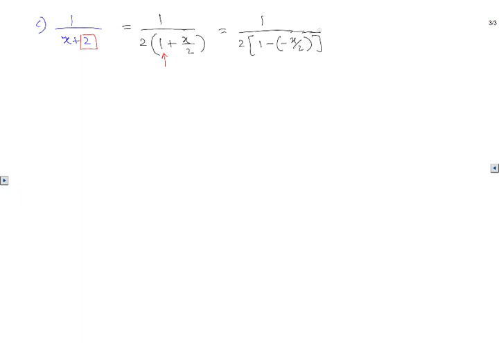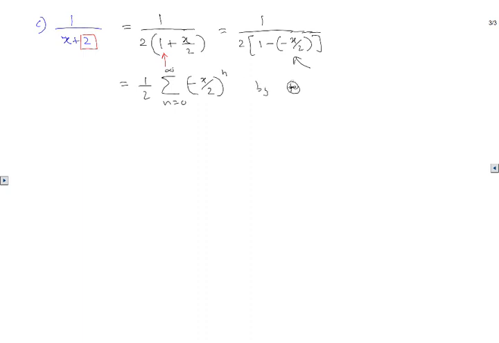After that, we can just substitute this into the formula. We still have 1/2 outside. Go to the sigma notation and plug in whatever we get. In this case, what we get is negative x over 2 to the n power. It's just the same formula.